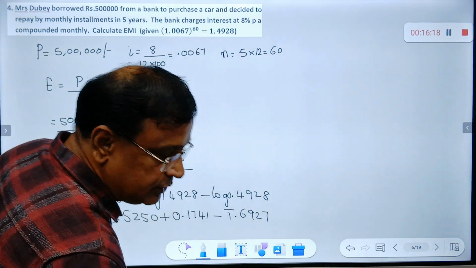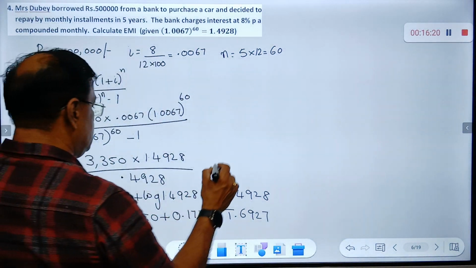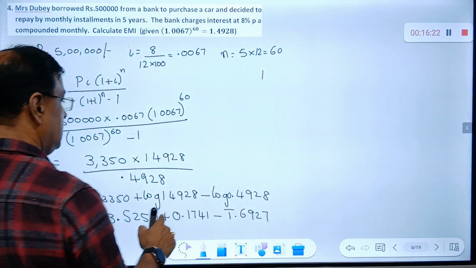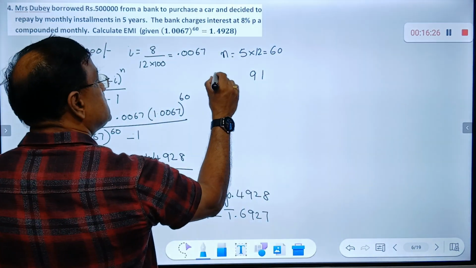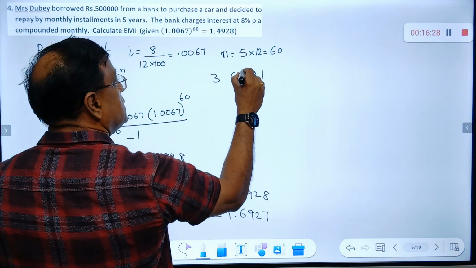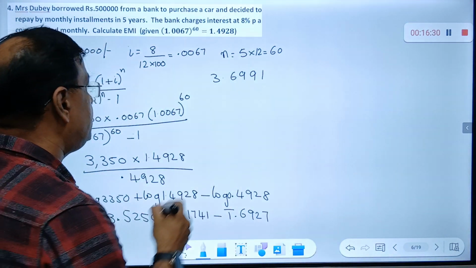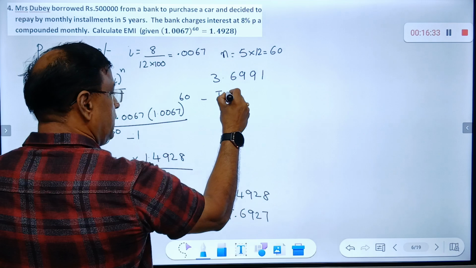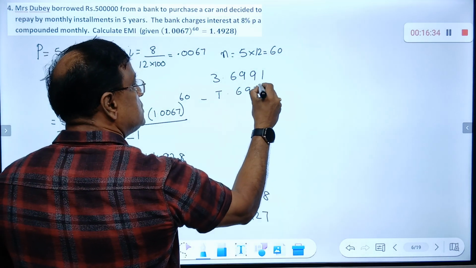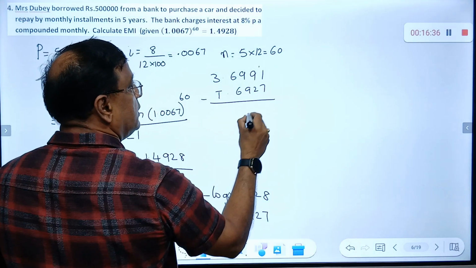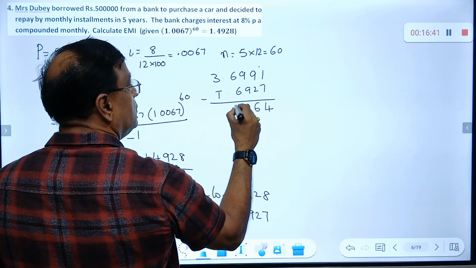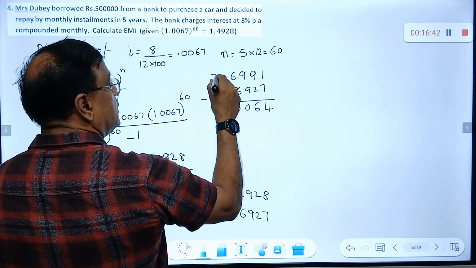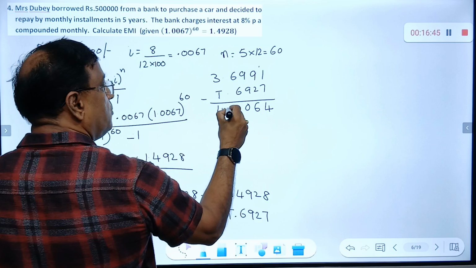First you add these two. If you add these two, you get 3.6699, and I have to subtract this bar 1.6927. So this is 3 minus of minus 1, so it's 4 point.